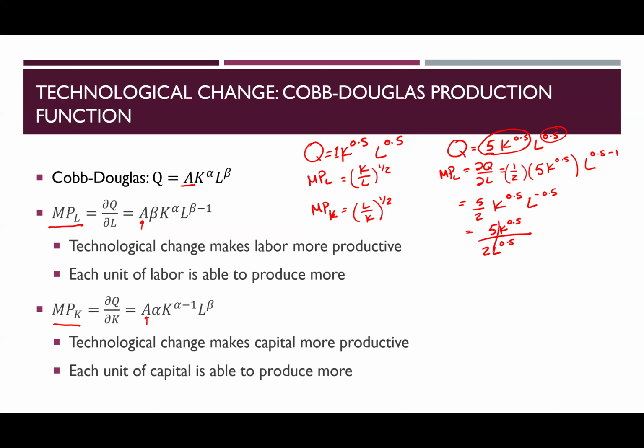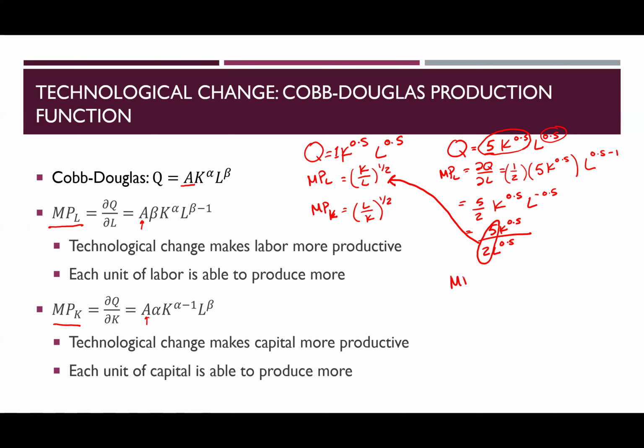And so you can see that the marginal product of labor here is being modified by 5 halves or 2.5, right? So it's going to be 2.5 times greater than marginal product of labor without that technology shock.